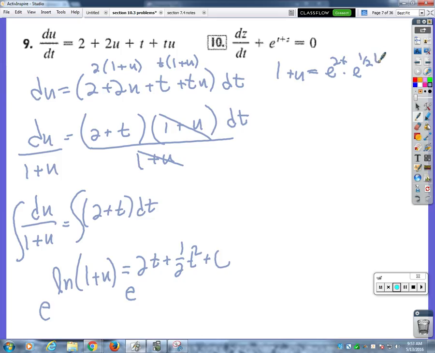Times e to the c. Right, so this becomes just a c, subtract the 1, so u equals e to the 2t times... I don't know if they would like us to combine those things.